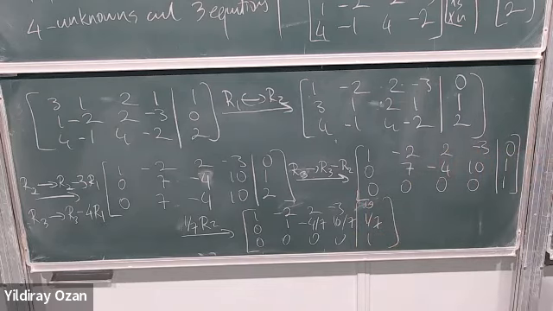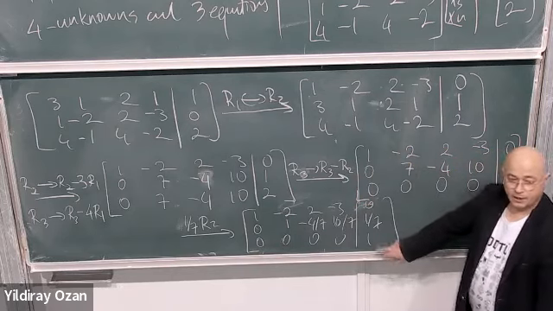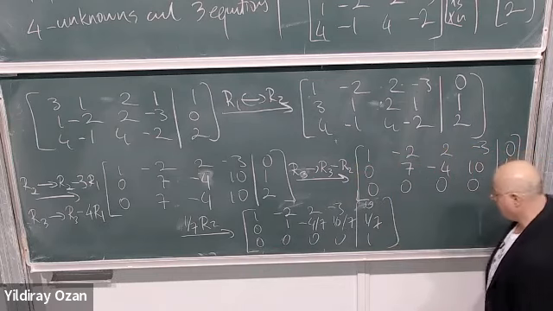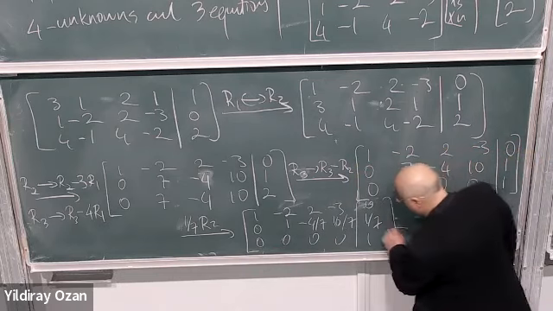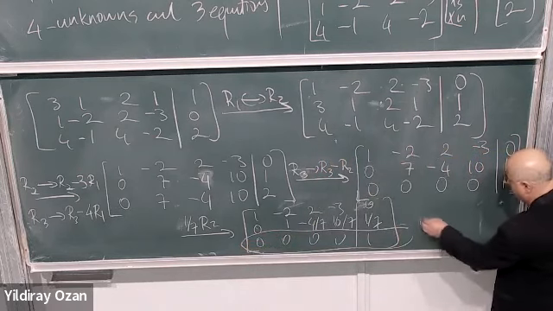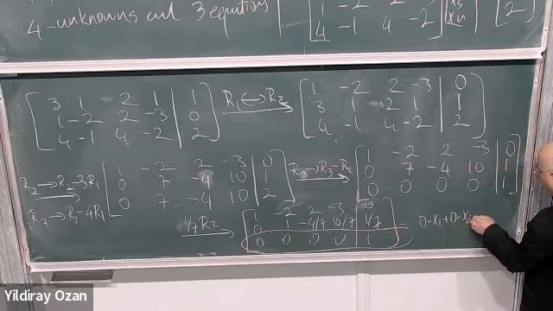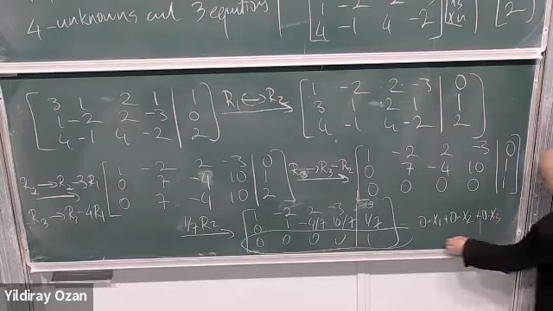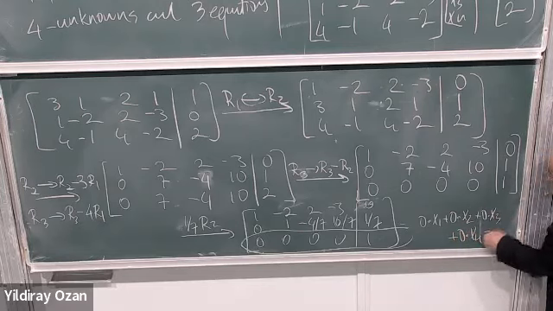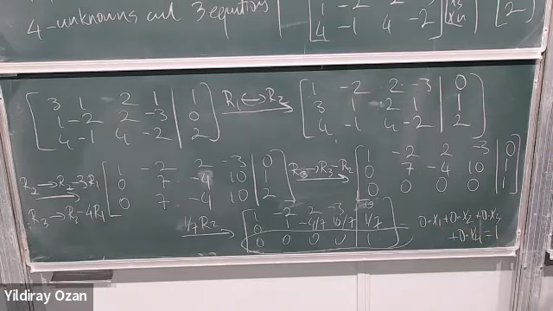Now, what we see here, I have zeros here, but 1 here. If you think about the equation, this line gives you which equation? It gives the following equation: 0 times x1, 0 times x2, 0 times x3, plus 0 times x4 equals 1. Right? Well, of course, there is no such x1, x2, x3, x4, right?